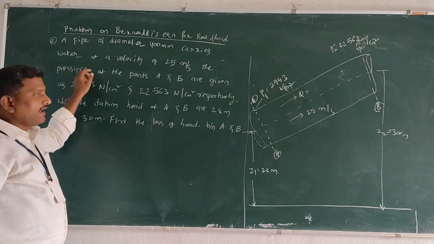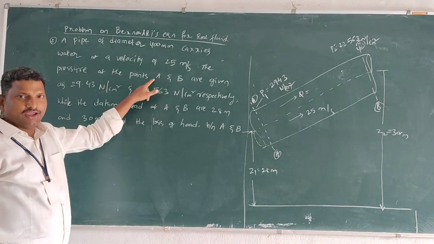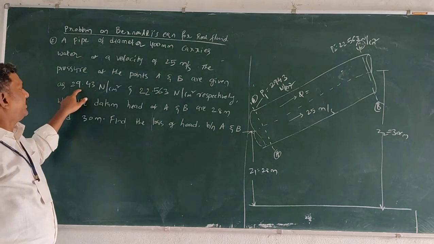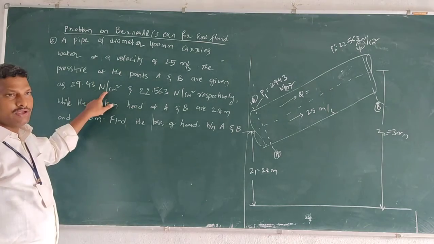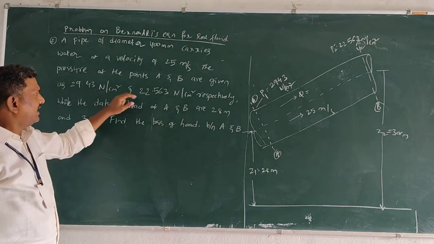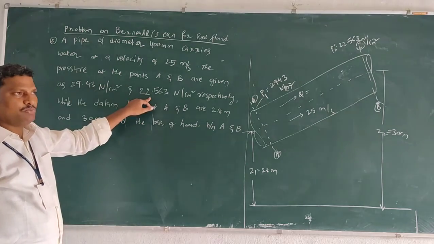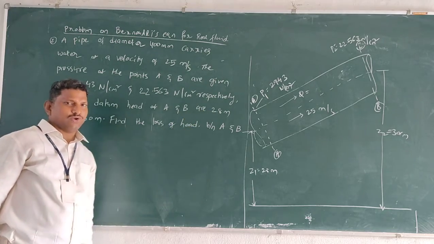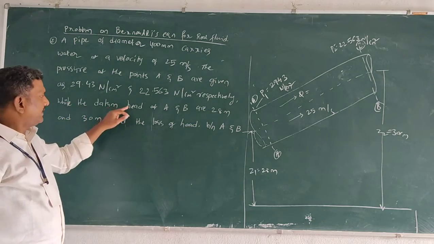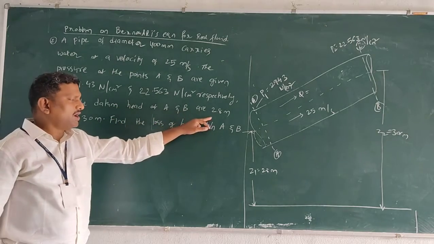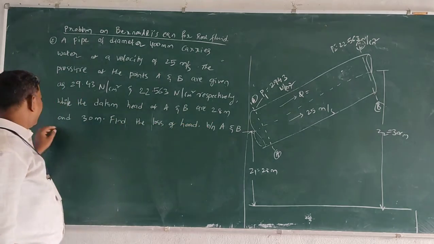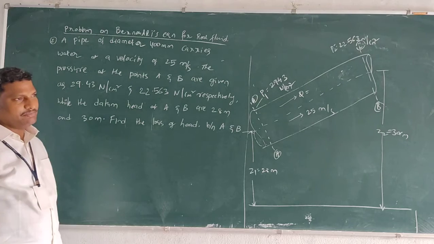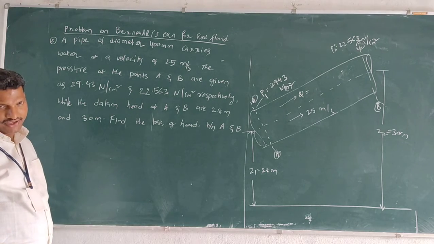The pressures at the points A and B are given as 29.43 newtons per centimeter square and 22.563 newtons per centimeter square respectively, while the datum heads at A and B are 28 meters and 30 meters. Find the loss of head between A and B.